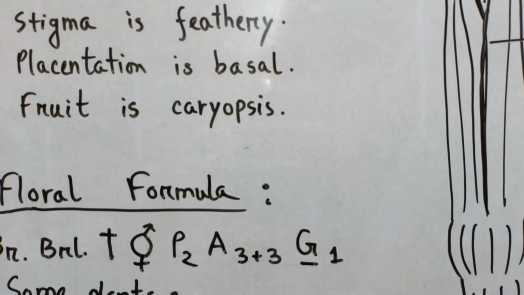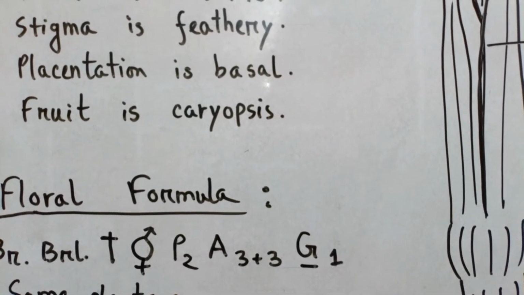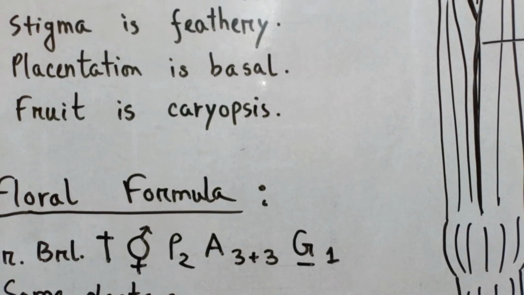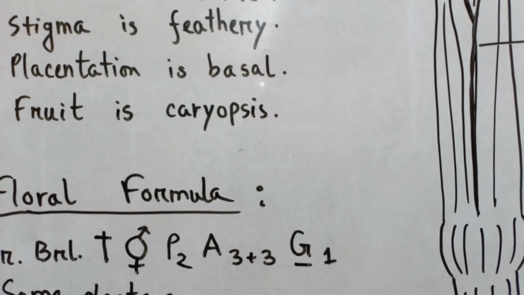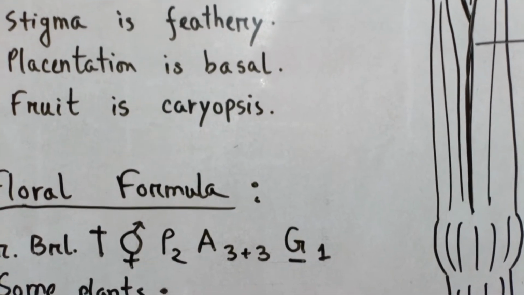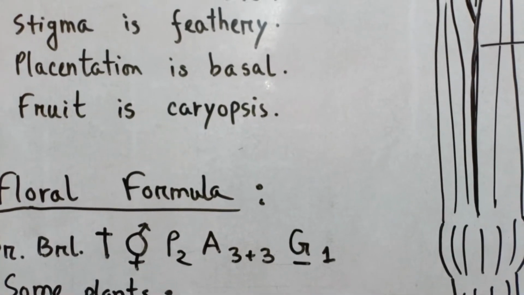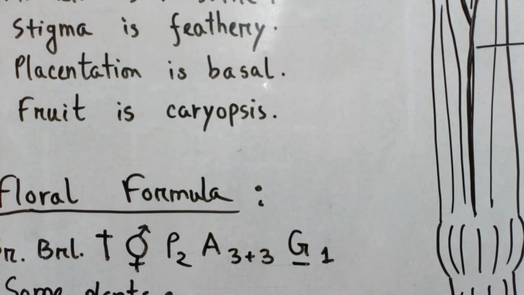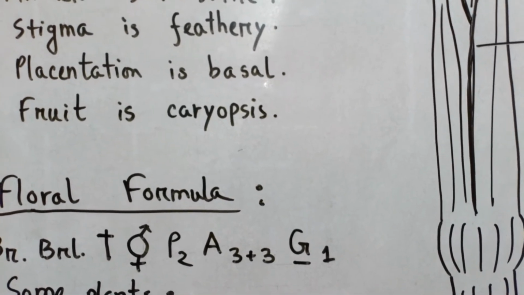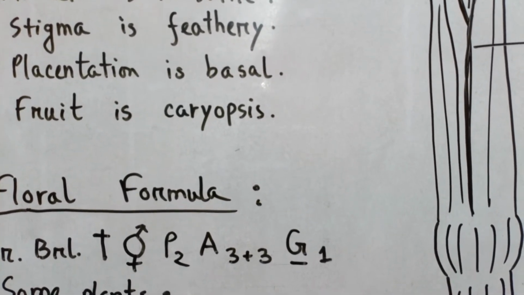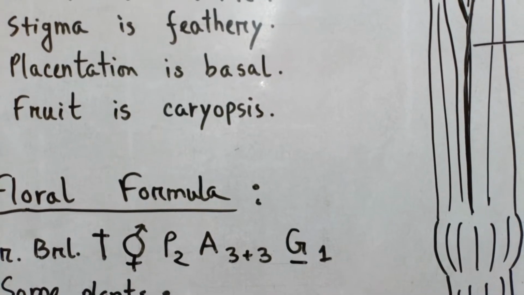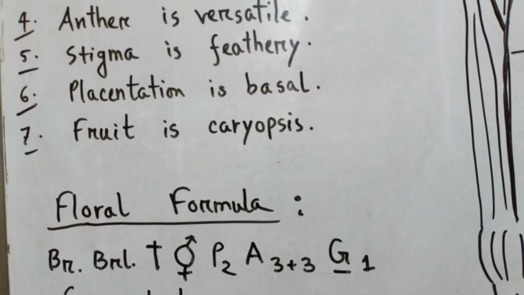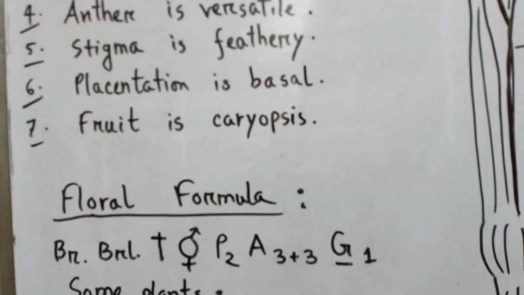That means other parts of the flower are just below the ovary. So the flower is hypogynous, you can also say that. And G1 means in this flower there is only one carpel. You know that the member of gynoecium is known as carpel, and this is free. So this is the floral formula of Oryza sativa, rice.